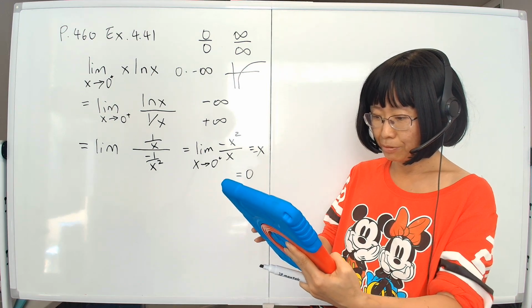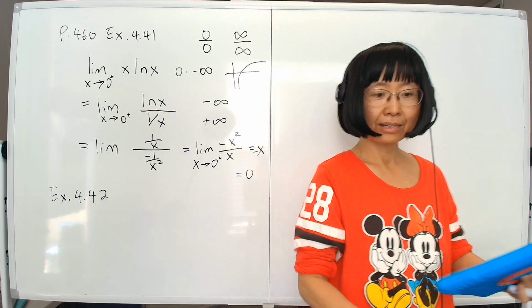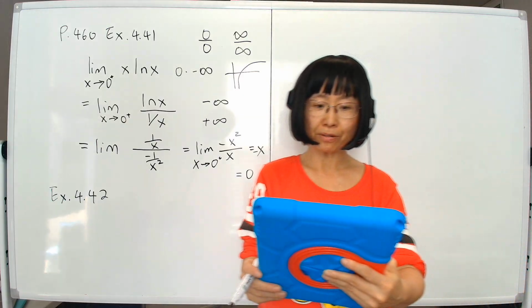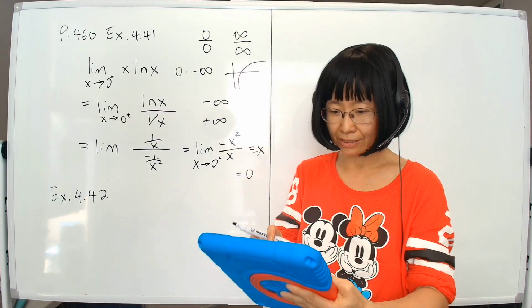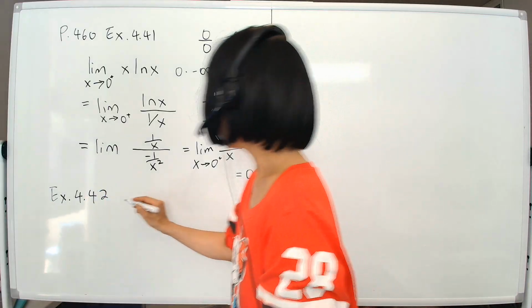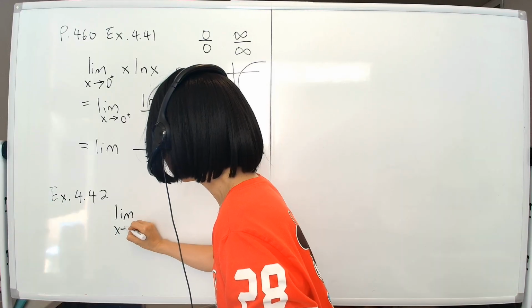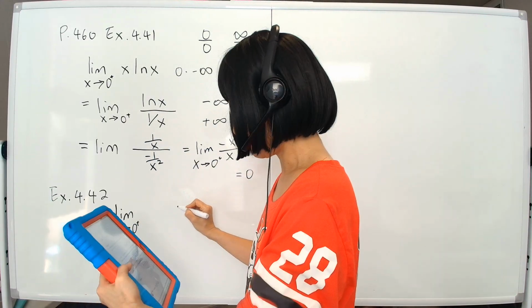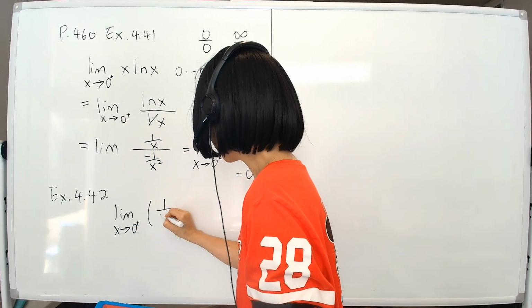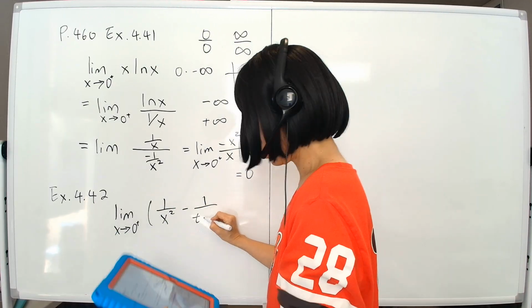Next, let's look at example 4.42 on page 462. It says we evaluate the limit as x approaches 0 from the positive side of 1 over x squared minus 1 over tangent x.